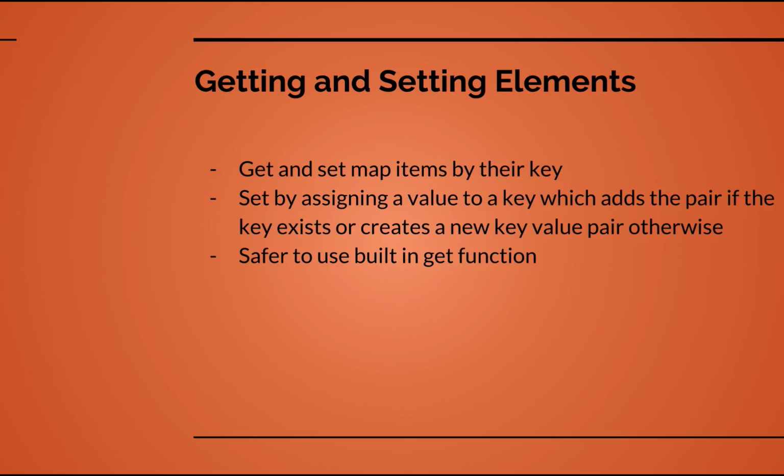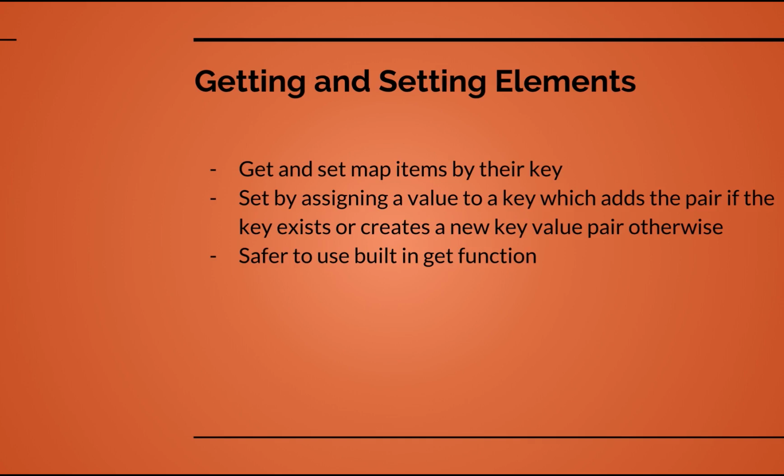If we want to retrieve an item, we simply enter the key of the value we want to retrieve, and it will retrieve just the value. It's generally safer to use a dictionary's built-in get function in Python, because this avoids some of the potential errors that could occur. Similarly, setting an item or changing a value in a dictionary is done through the key as well. Now, there's one of two possibilities if we try to set a value in a dictionary.